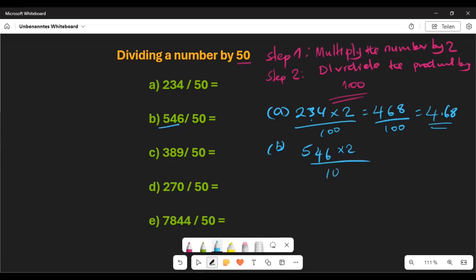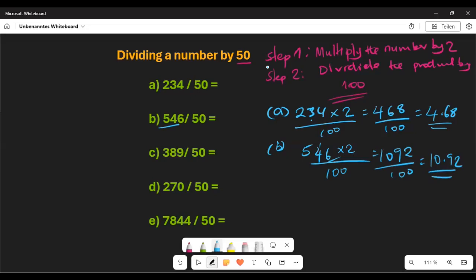Starting from 6, 6 multiplied by 2 gives 12, so we carry 1. 2 multiplied by 4 is 8, plus 1 is 9. Then 5 multiplied by 2 is 10. Now we divide by 100, so our answer is 10.92.